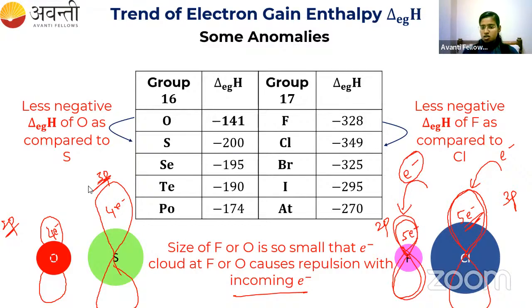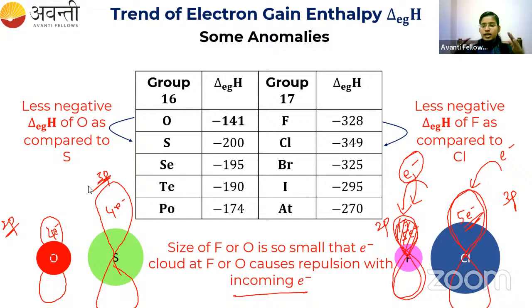That will suffer more repulsion because the size is very small. The space given for occupying these 5 electrons is very little. So if I add one more electron, with 5 electrons already there, those electrons will repel the incoming new electron more. In that case, the energy will go high. So the addition of an electron becomes difficult in the case of small sized atoms like oxygen and fluorine compared to sulfur and chlorine.